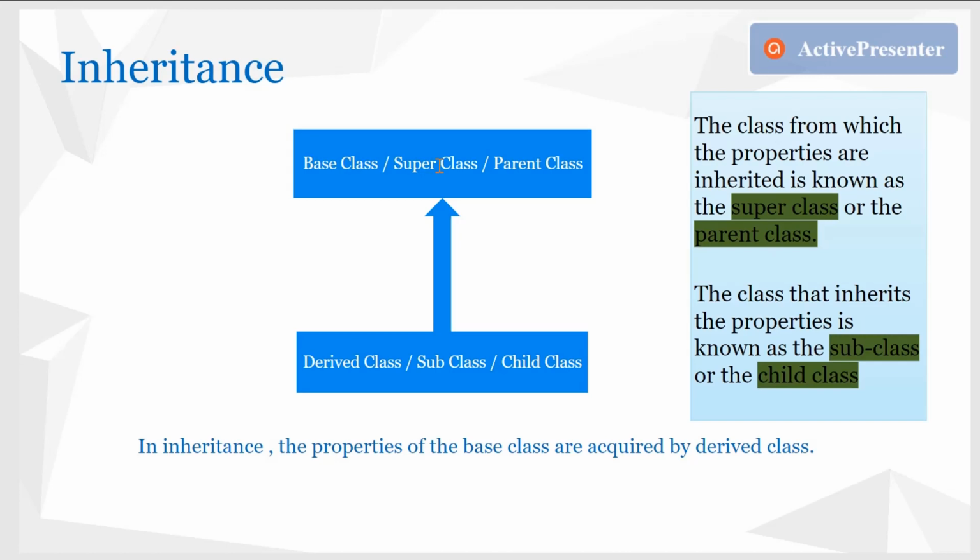The class from which the properties are inherited is known as the superclass or the parent class, and the class that inherits the properties is known as the subclass or the child class. The properties of the base class are acquired by the derived class.